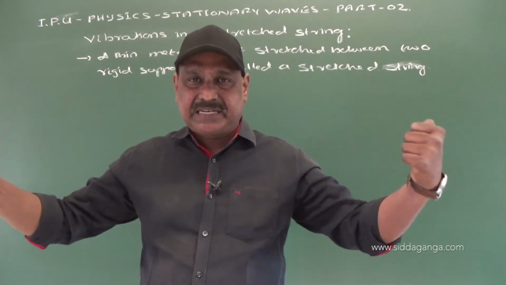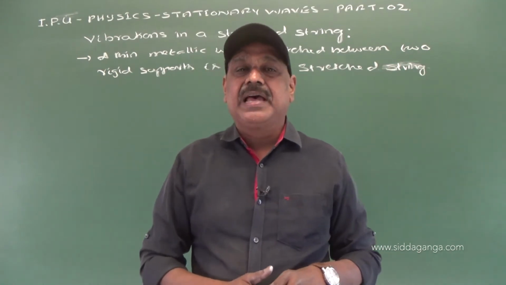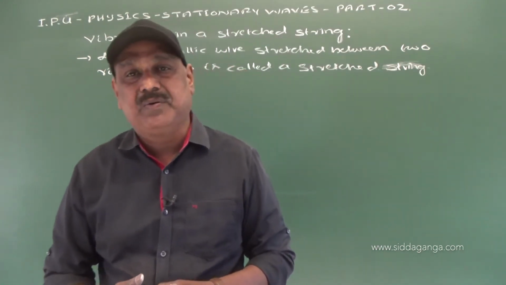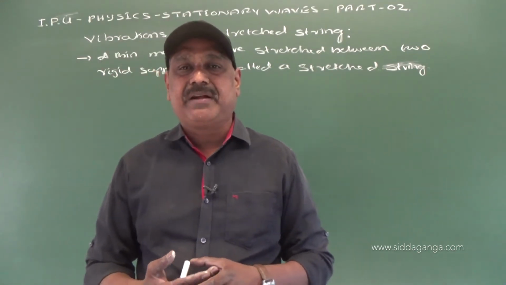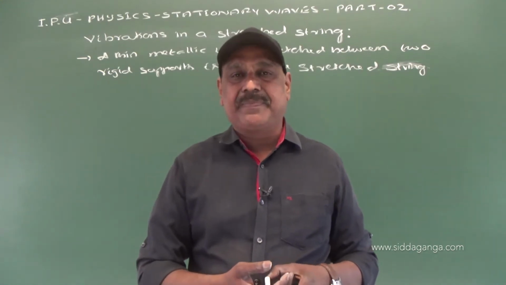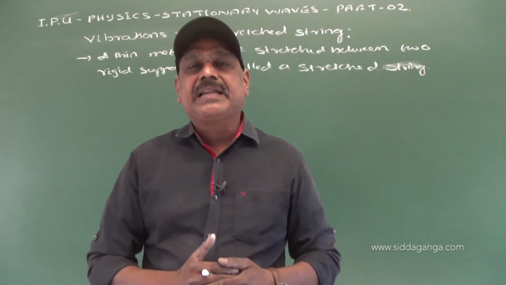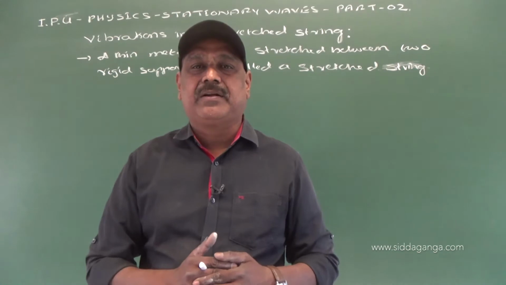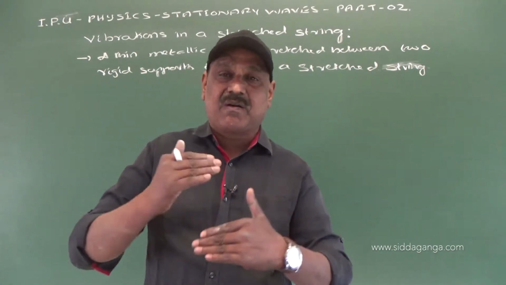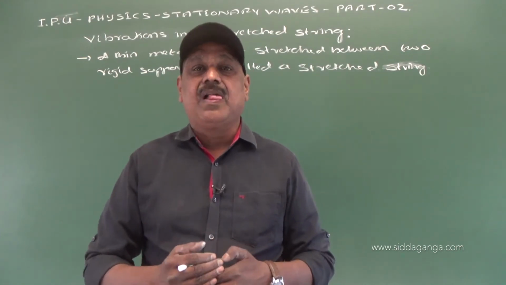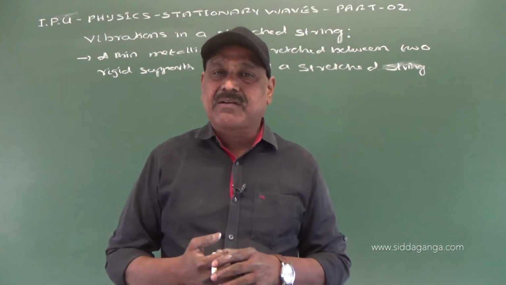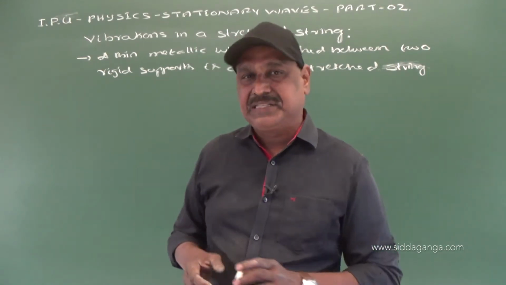When a string is stretched by applying force, an internal force is developed in the string according to Newton's third law of motion. We know that for every action there is an equal and opposite reaction. That internal force developed in the string, which is also called restoring force, after the wire is stretched, is called tension in the string.